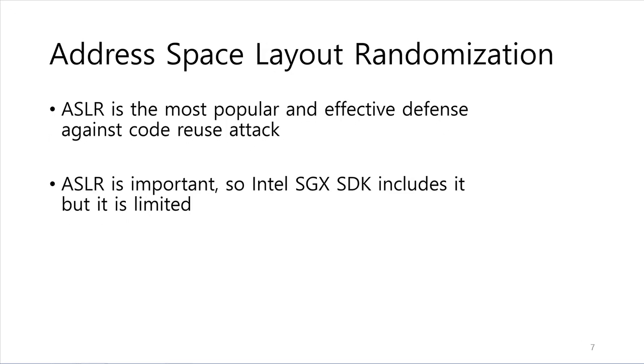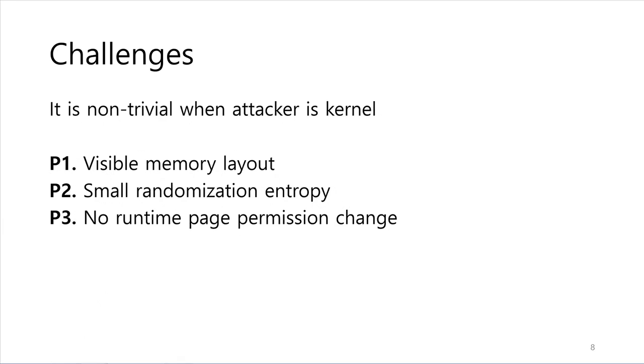But here, I want to emphasize that there are three non-trivial challenges we must overcome to provide secure ASLR for SGX. The first problem is that the memory layout of the enclave is completely visible to the kernel because of the setup process of the enclave. The second problem is that, although we support ASLR, we can provide only a small amount of randomization entropy.